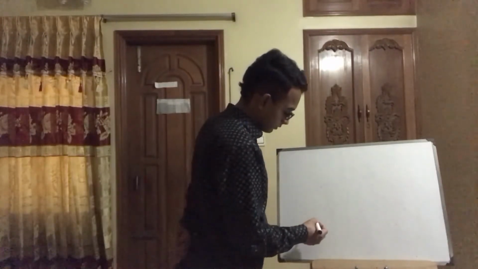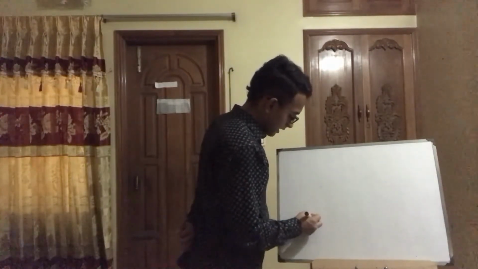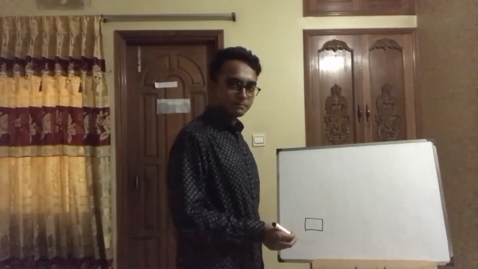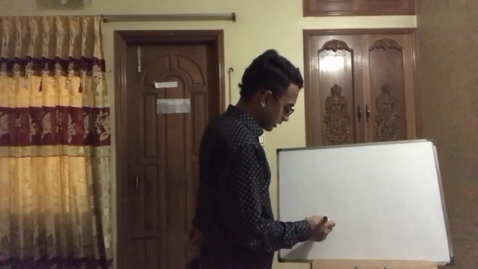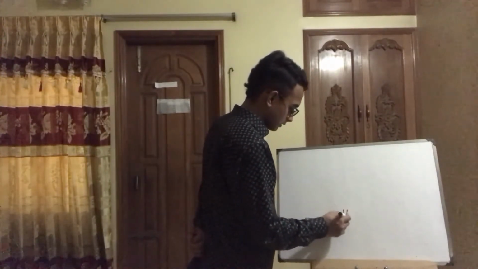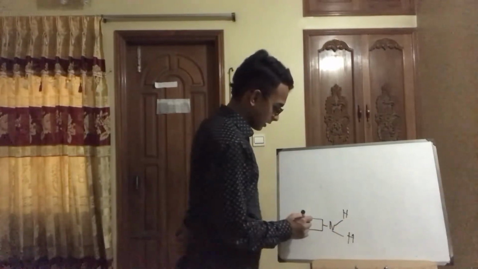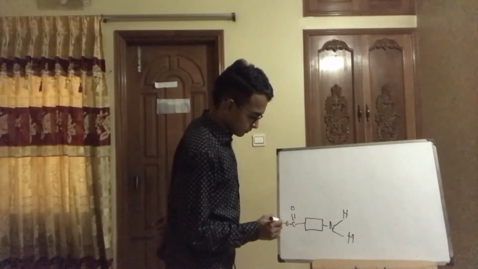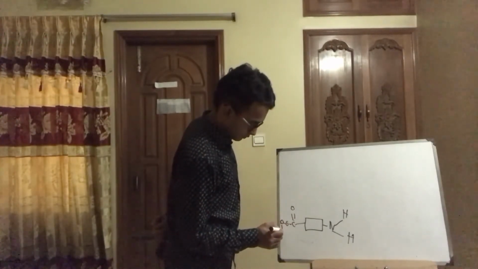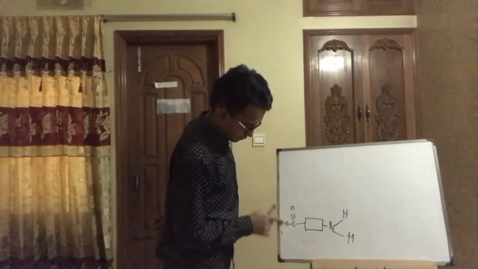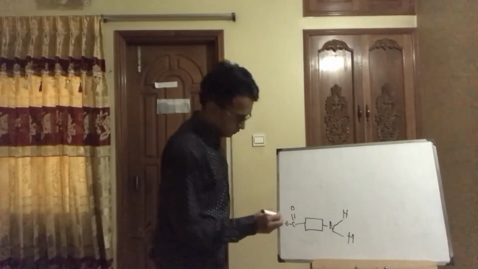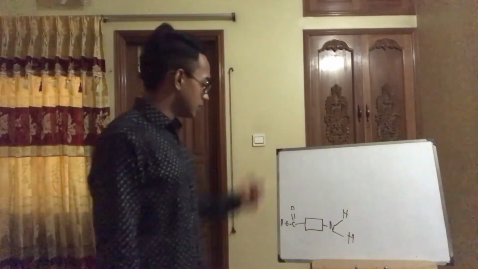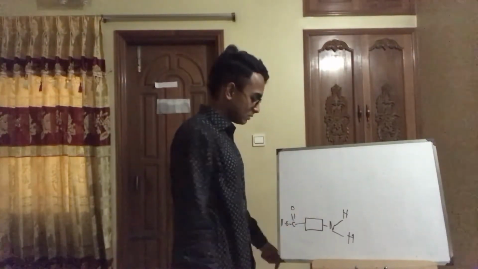Say for example, if this is an amino acid, containing an NH2 group and a carboxylic group. This structure in detail you learn in your chemistry and in your A levels. So this is an amino acid.